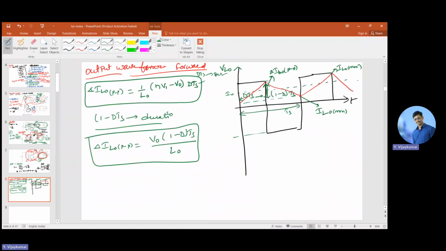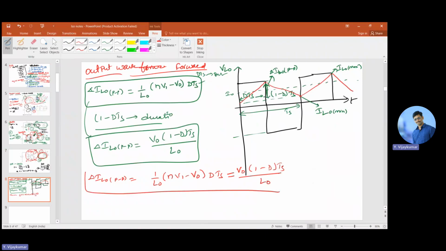Now, if we equate these two expressions, we get delta IL naught peak to peak equal to 1 by L naught into (N V1 minus V naught) into D times Ts, and that is also equal to V naught into (1 minus D) times Ts divided by L naught.